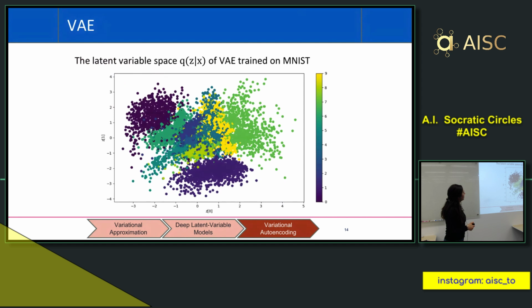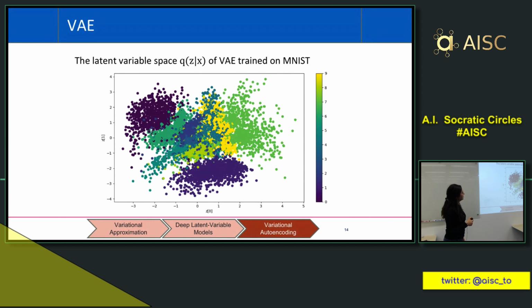So this is the latent variable space. I just trained this model last night, only for 50 epochs, on MNIST data, and this is the distribution of the latent variables.